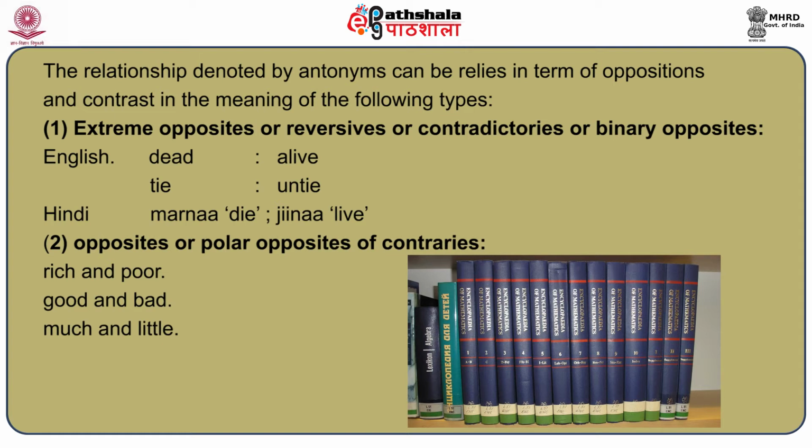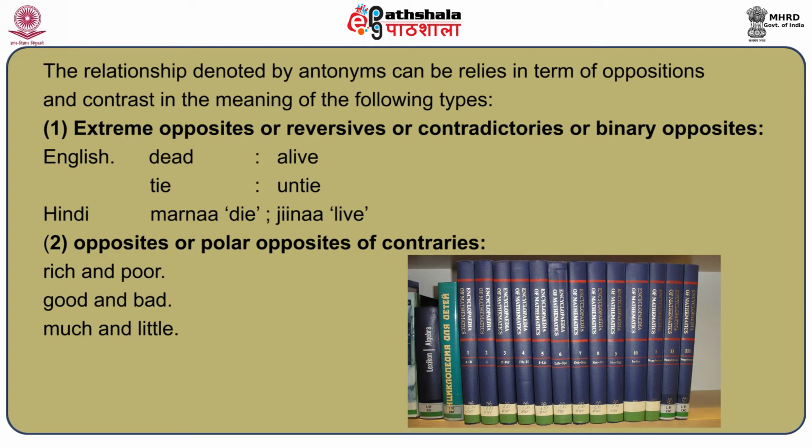Opposites or polar opposites are contrasts. This contrast can be explained in terms of scales running between two poles or extremes, as rich and poor, good and bad, much and little. One can be neither rich nor poor, but not neither dead nor alive.